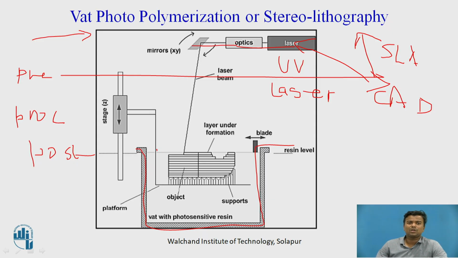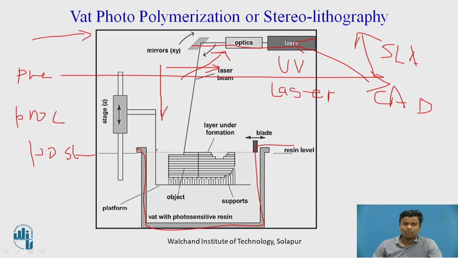What is the use of these optics or mirrors? The ultraviolet laser could scatter anywhere, but it should go in a linear direction. It should have the XY direction, so that's why optics are used, and the mirror can move in the X and Y direction. So this may be X and this may be Y, and this is Z.